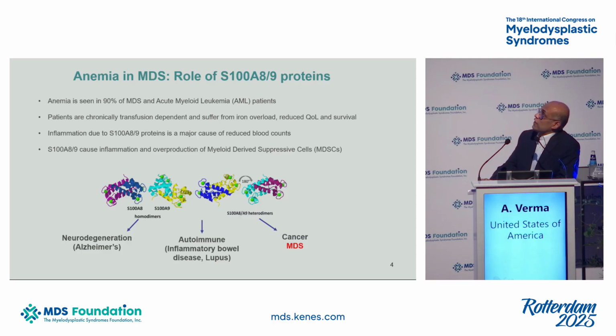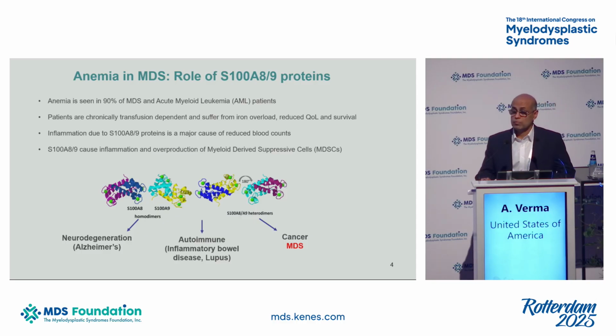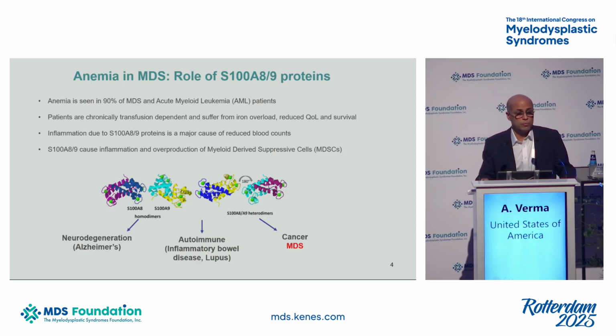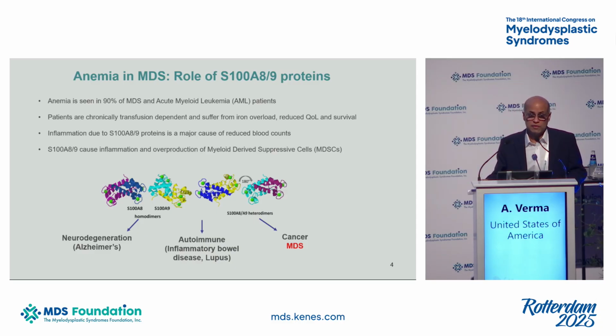These are proteins that have been in multiple publications, and a lot of people in this audience have shown they are elevated in MDS models, and they are very potent drivers of myeloid-derived suppressor cells. These are cells that are myeloid in origin, not fully differentiated. They secrete a lot of suppressive cytokines and result in an immunosuppressive microenvironment.